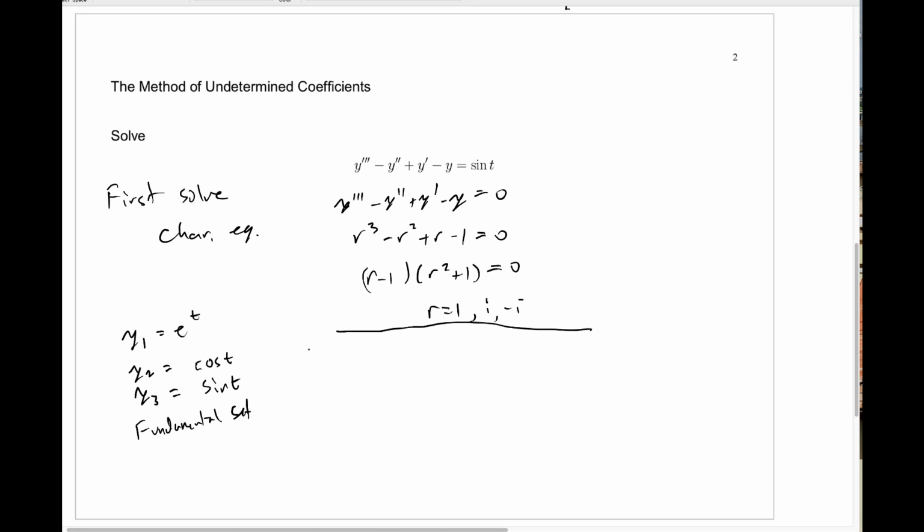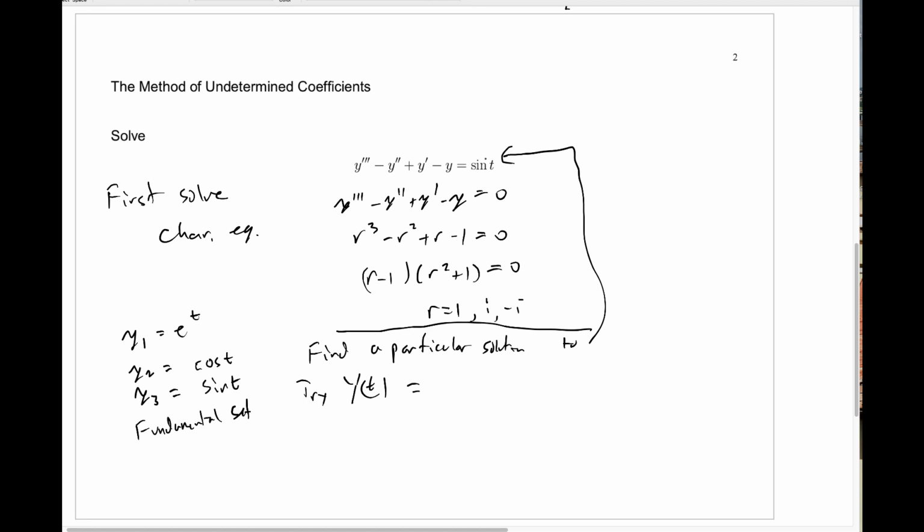How do we find a particular solution to the non-homogeneous equation, that's to this equation up here? Well, we might try a solution of what form? We have a sine t here.